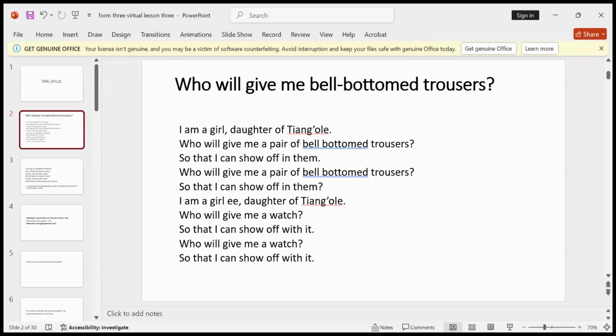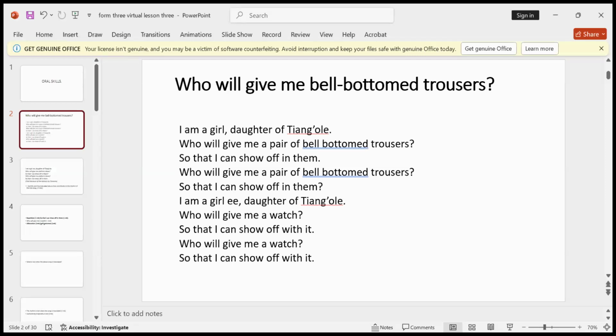I am a girl, daughter of Tiangole. Who will give me a pair of bell-bottom trousers so that I can show off in them?